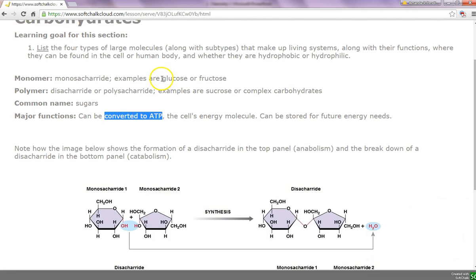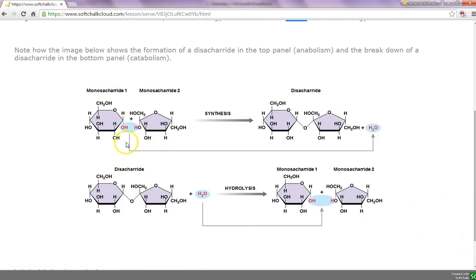The other reason why glucose is so important is that it can be stored for future energy needs.